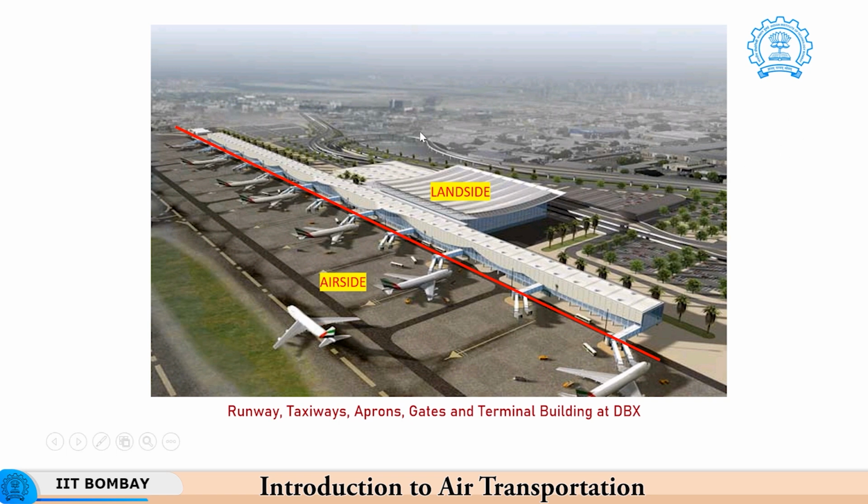So, this is the approach, this is the terminal building, and inside it you will have all the other things like the check-in counters, the security, the customs, immigration, etc. And these are the gates at which the passengers are fed inside the aircraft.